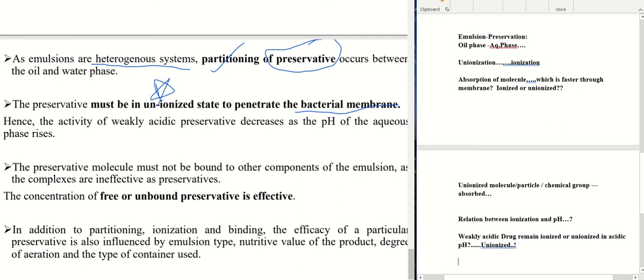Similarly, a weakly basic drug remains unionized in basic pH. So if we are adding a weakly acidic preservative, we should make sure that the emulsion has a weakly acidic pH.